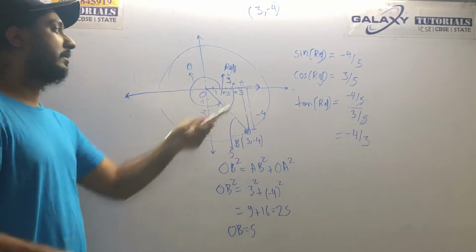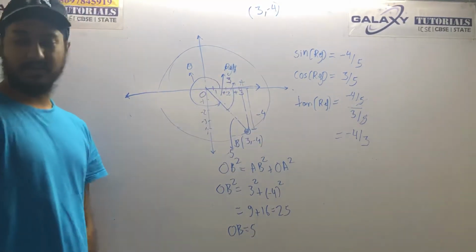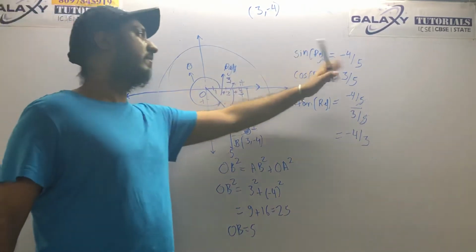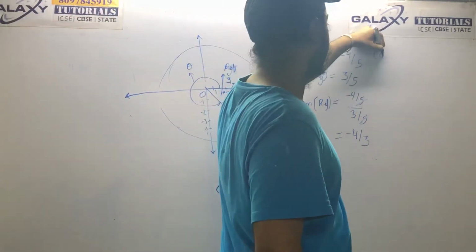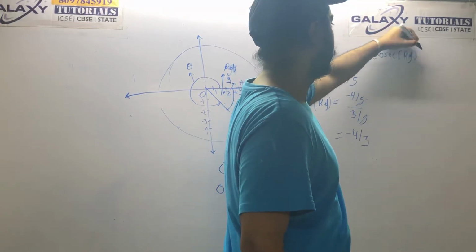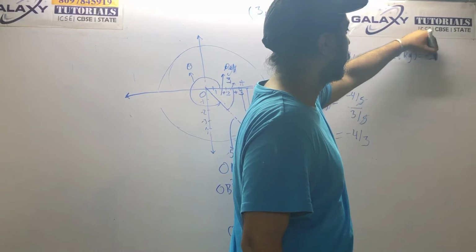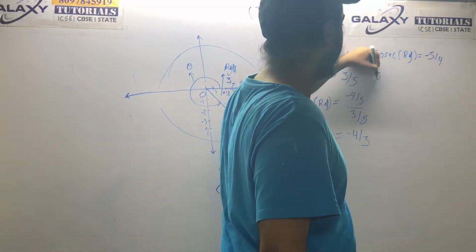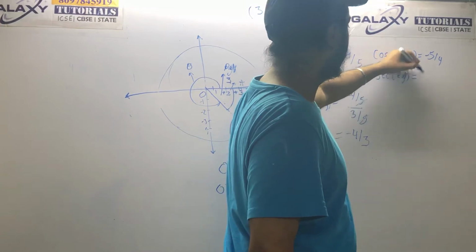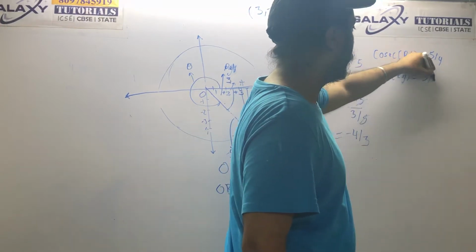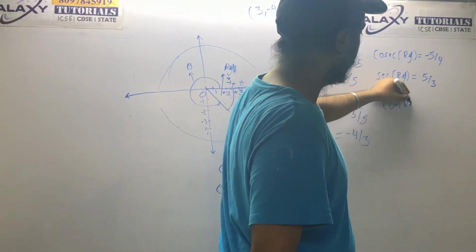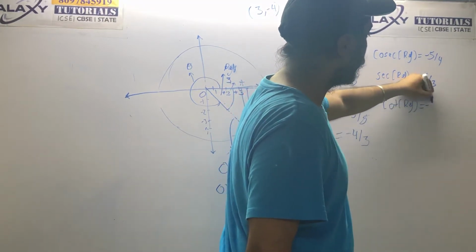So these are the values of all the trigonometric functions. He has asked for all the trigonometric functions. So cosecant will be, secant will be, by 3 and cot reference will be -3 by 4.